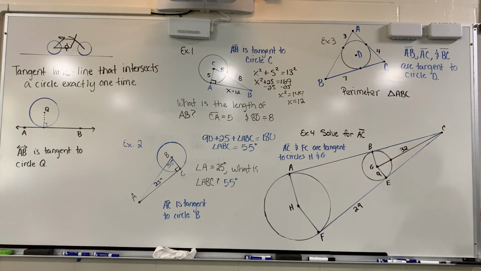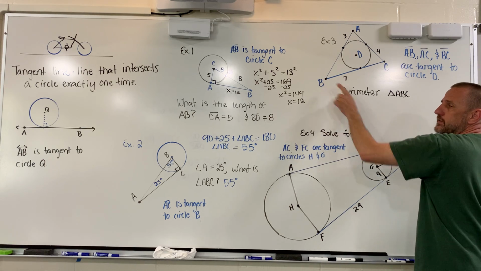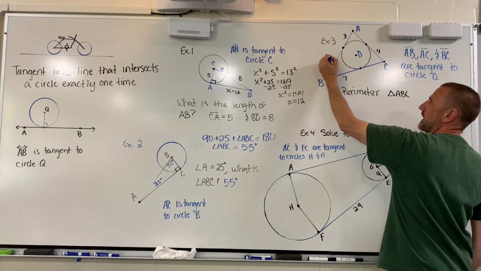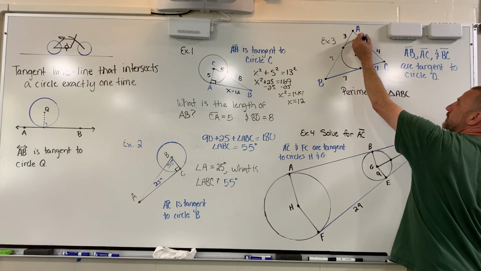Well, if I need to figure that out, one of the things that's really important is knowing that AB, AC, and BC are tangents. Because once I know that, if this line is tangent and this line is tangent and they intersect at point B, then if this is 7, this is also 7. Just like this is also 4 and this is 3.